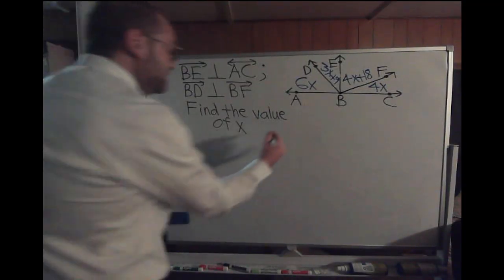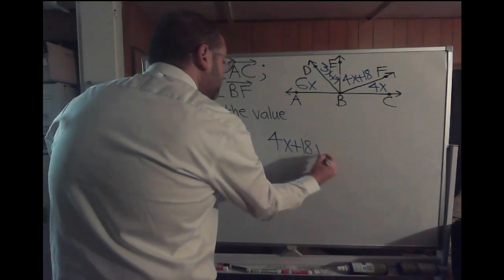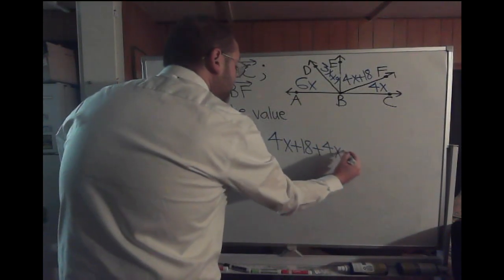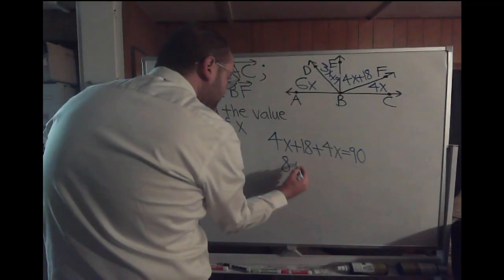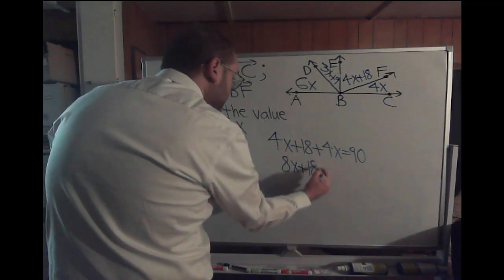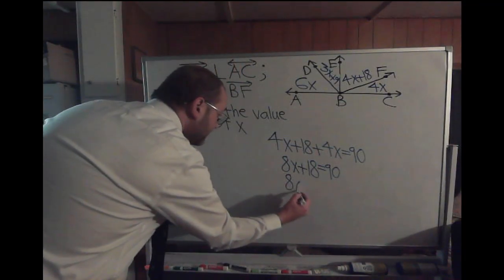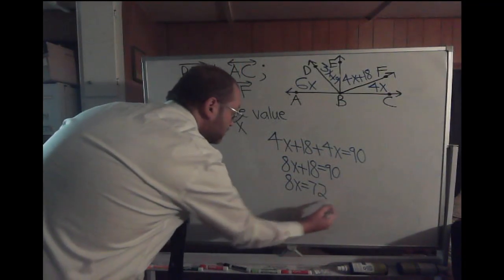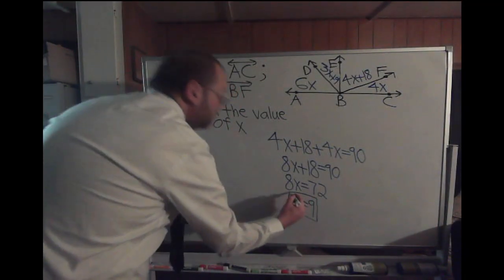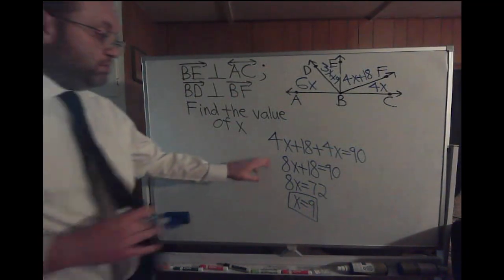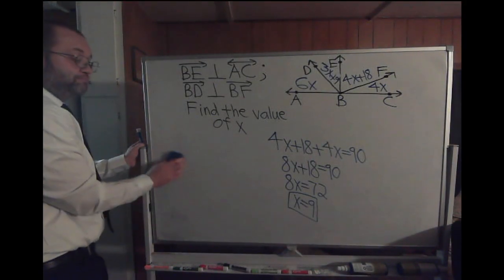So you can take that 4x plus 18 plus yet another 4x, set that equal to 90, which means then you would end up getting 8x plus 18 is equal to 90, which means then you would get 8x equals 72, which then means that x equals 9. So we've obtained 9 with 2 out of the 4 methods so far. The other 2 should also give us 9.